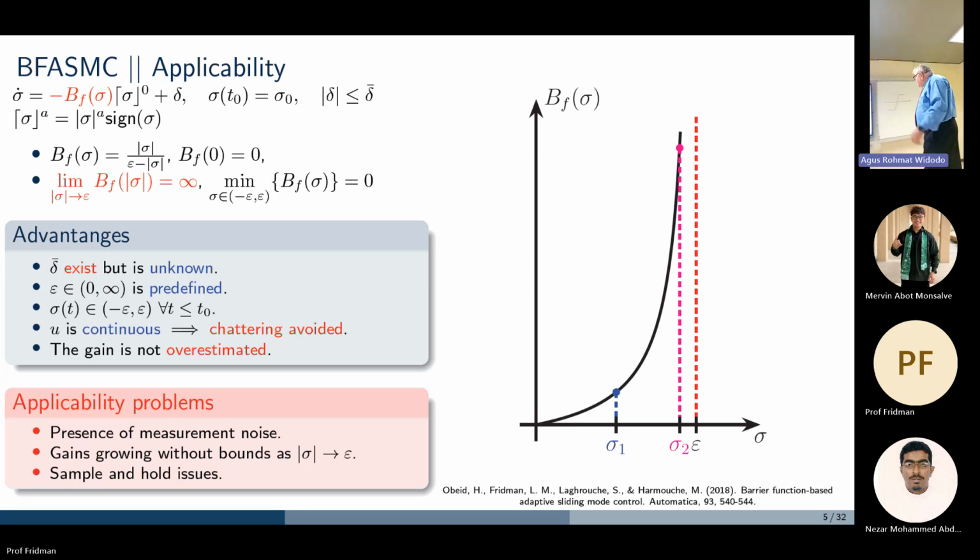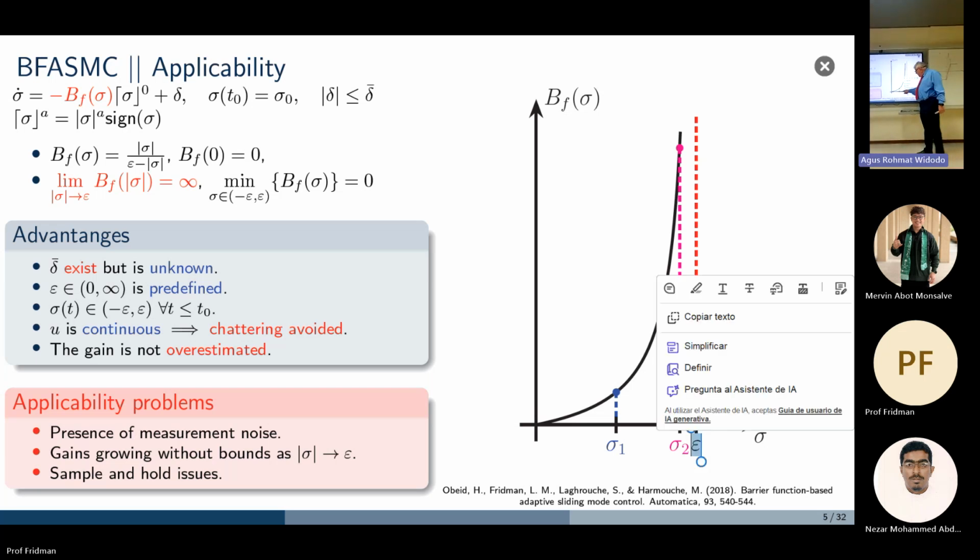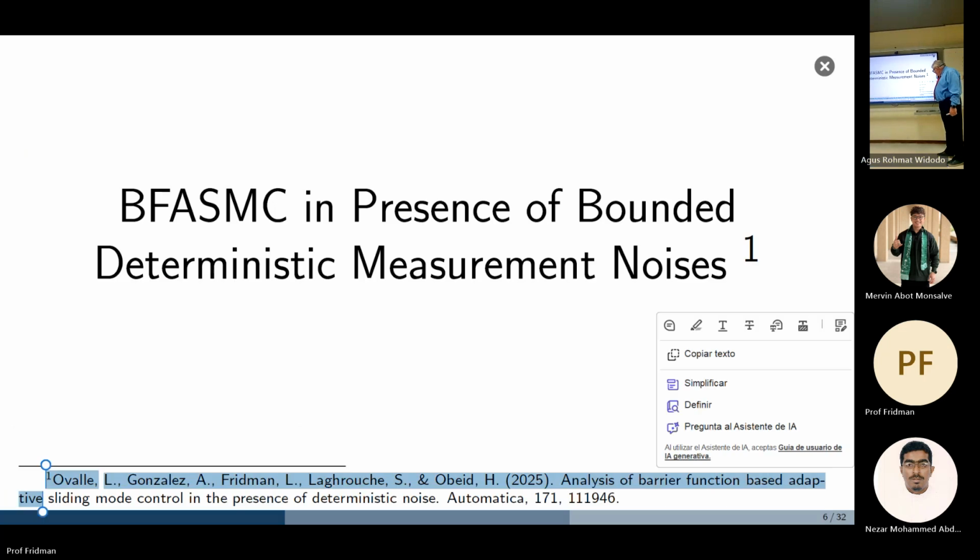So that's what I started from. We introduced the so-called barrier function. It is something like that. And what was the idea?